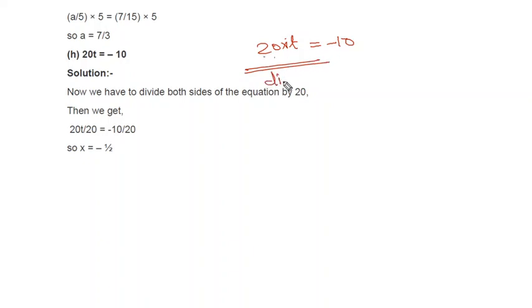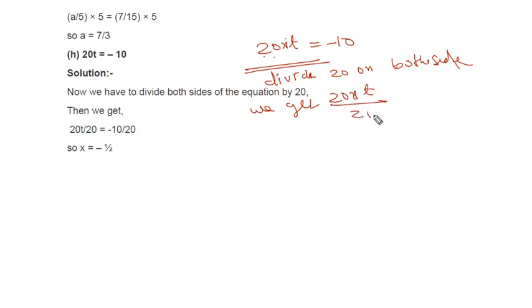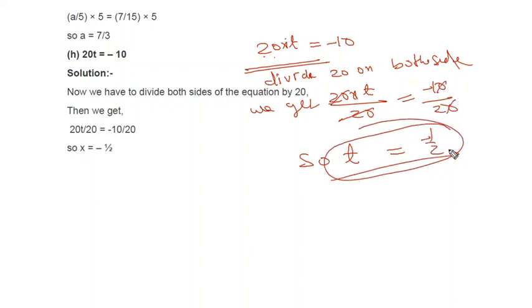So we get 20 into t divided by 20 equal to minus 10 divided by 20. Now the 20 cancels, so t will be equal to, the 0 and 0 cancel, minus 1 by 2. So this is your answer.